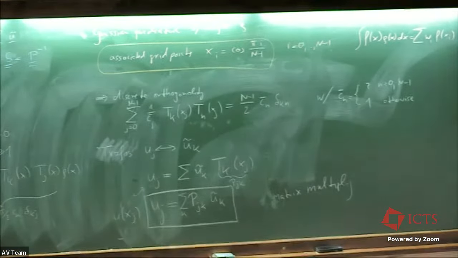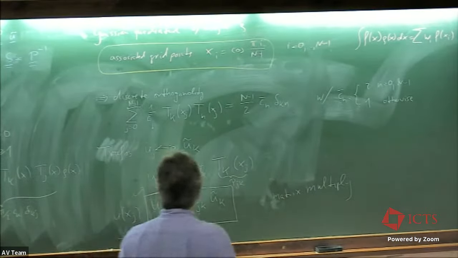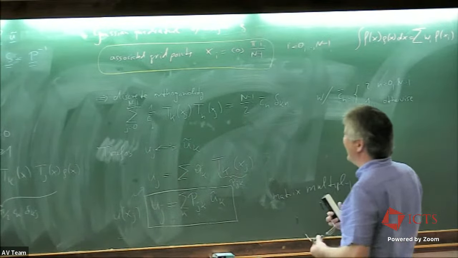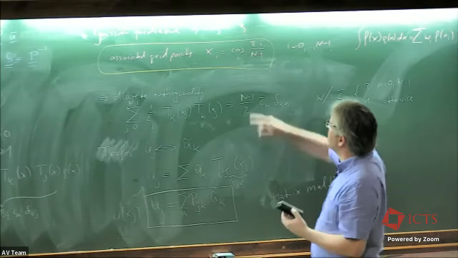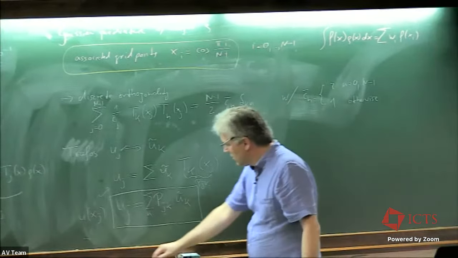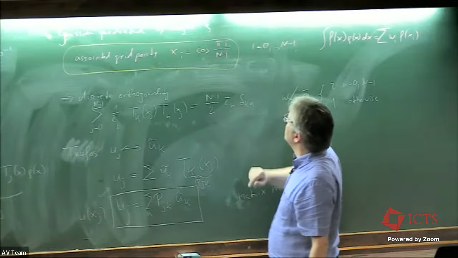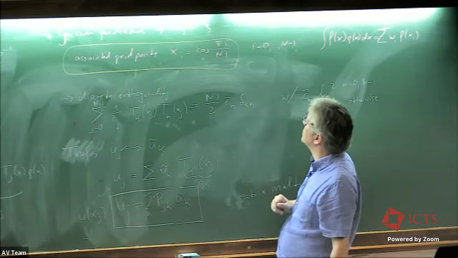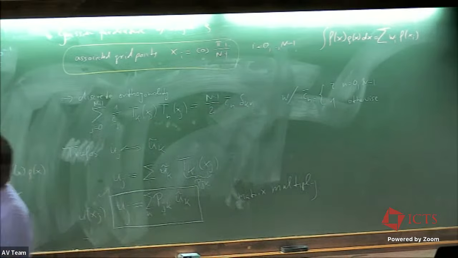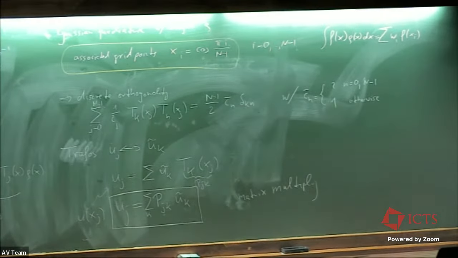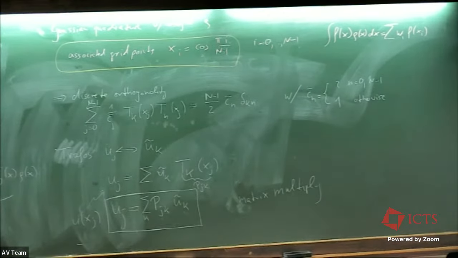The associated grid points x_i: x_i equals cosine of pi times i over n minus 1. Okay, so where am I with writing?